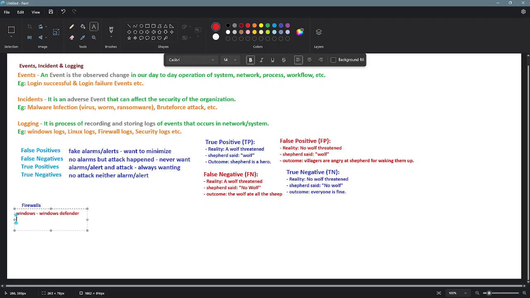And if we talk about Linux, the name is something like iptables. So these are the two names of the firewalls: Windows Defender for Windows, and iptables for Linux.